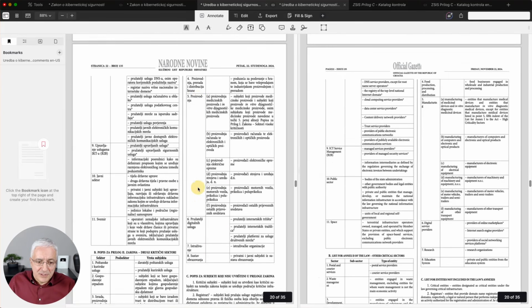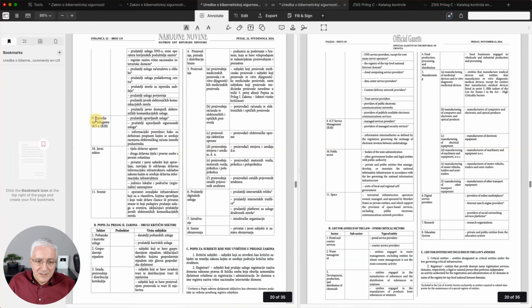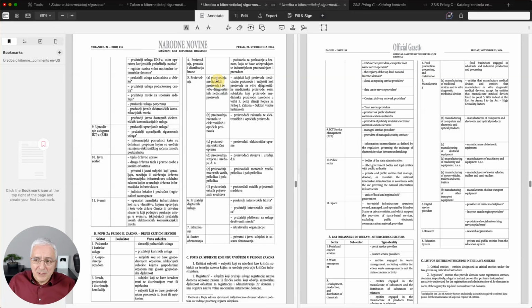When you scroll further, you will see ICT service management. Basically this is the second out of these three. Then you have public sector, space, postal and courier services, waste management, development, production and distribution of chemicals. Then you have food production, manufacturing, digital service providers. This is the third out of these three digital sectors. And then you have research and education systems.